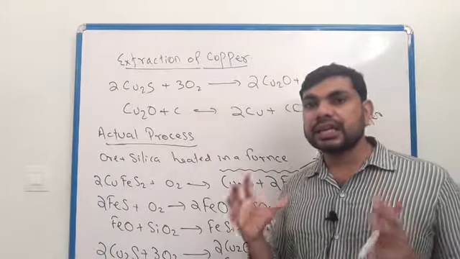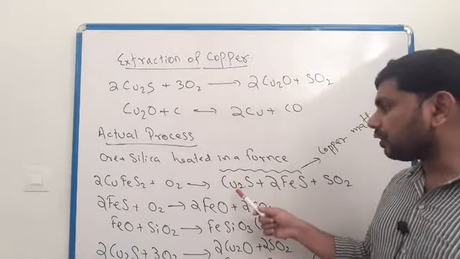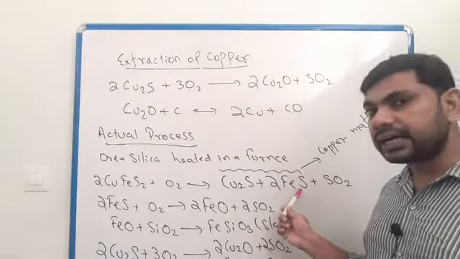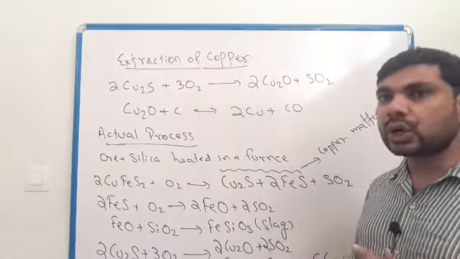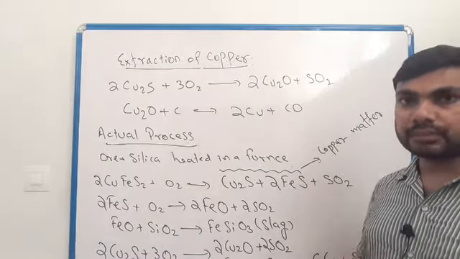Sulfur dioxide gas escapes outside. The mixture of copper sulfide and iron sulfide is called copper matte.